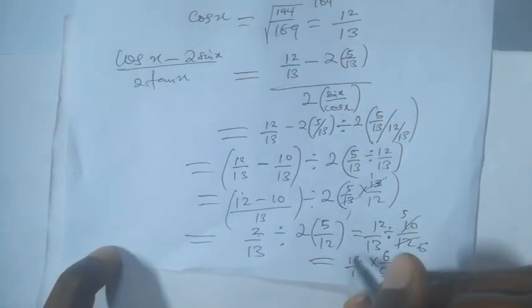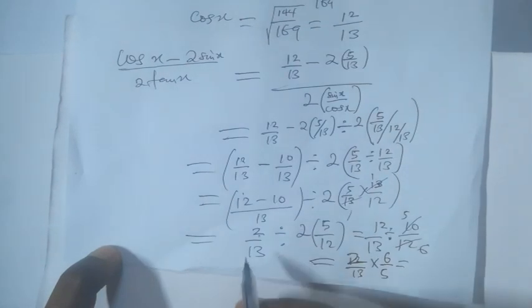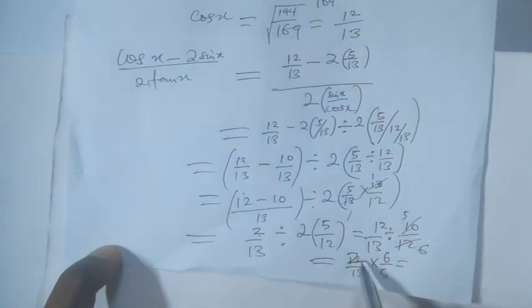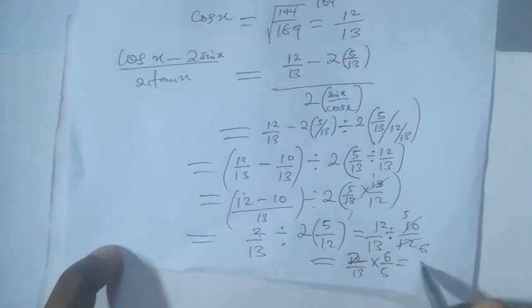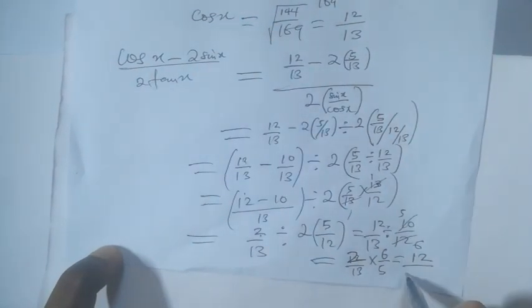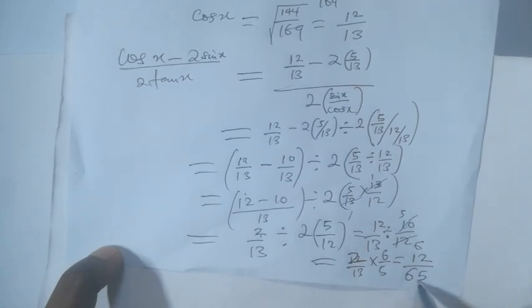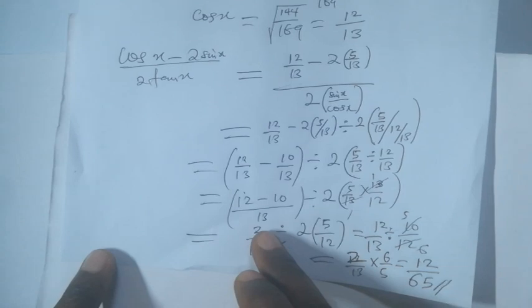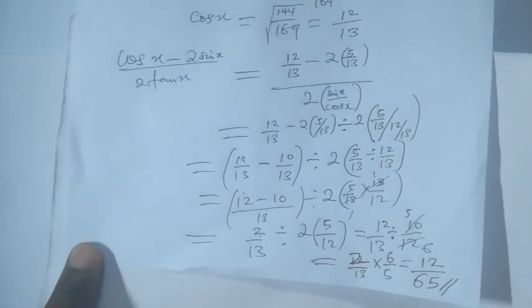Okay, here it's now 2. We now have 2, not 12, because here you see 12 minus 10 is 2. 2 times 6, we now have 12. And 13 times 5 is 65. So this is going to be our final answer if you look at it critically.